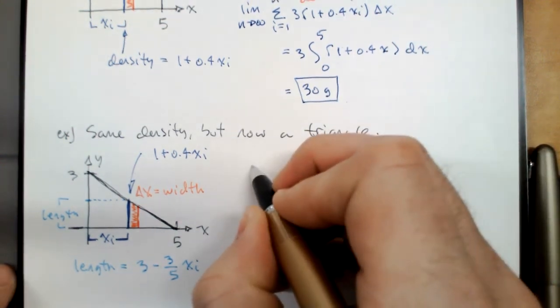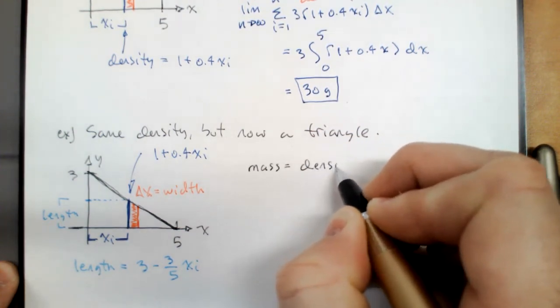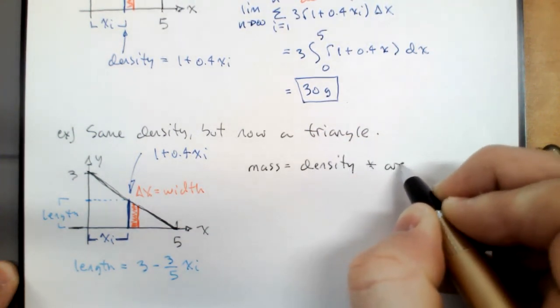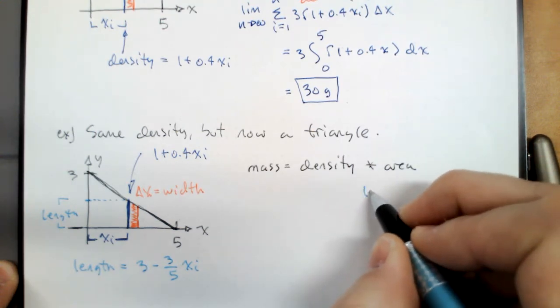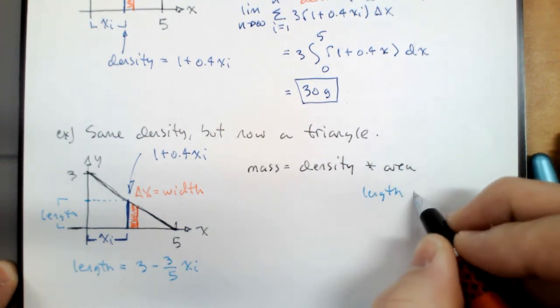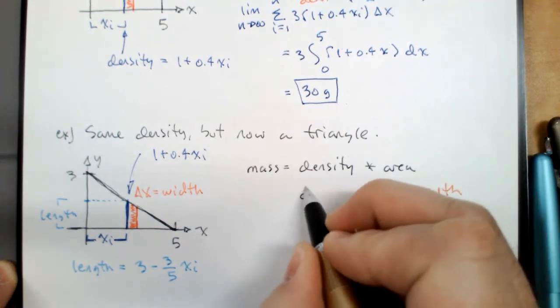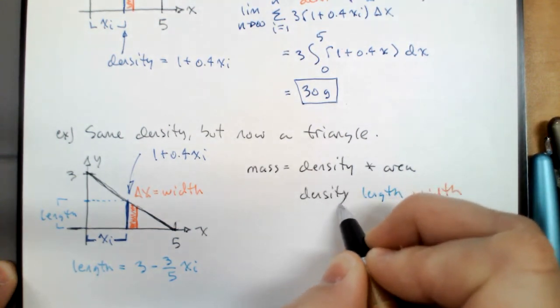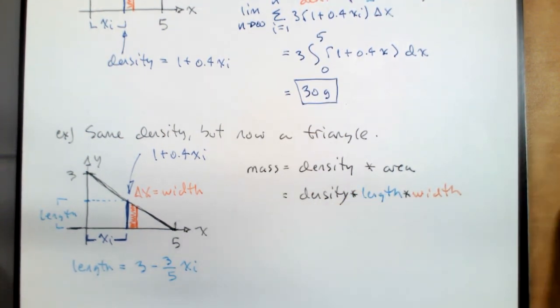So the mass is density times area. And area is going to be length times width. So the mass is going to be the density times the length times the width.